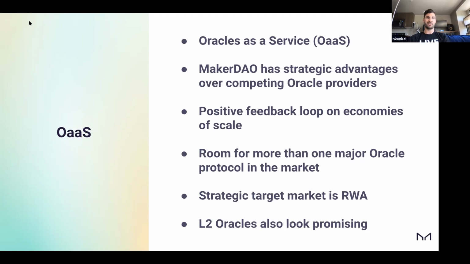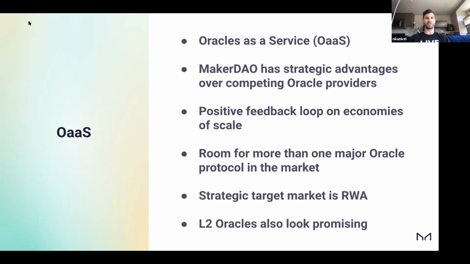One is the association with the Maker brand. Any Oracle protocol that can say, hey, we're used by Maker, right? That gives you instant credibility, right? Especially when you look at how long Maker has been around, how many assets Maker has under it, and with this assumption that the amount of assets in Maker is just going to blow up, right?